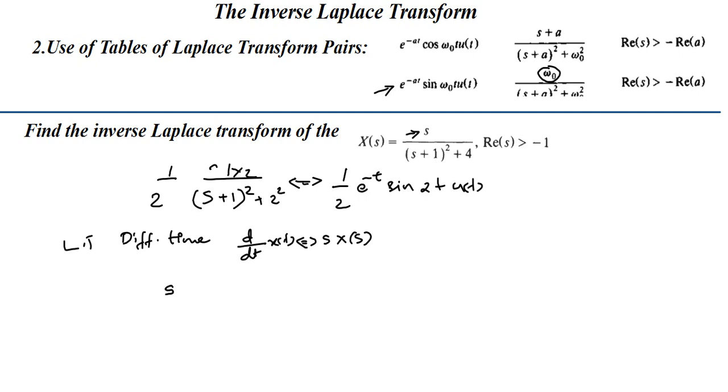Assume that this is your X of s. Then I can write s into 1 by 2 into 2 by s plus 1 the whole square plus 2 square. So this is your signal.